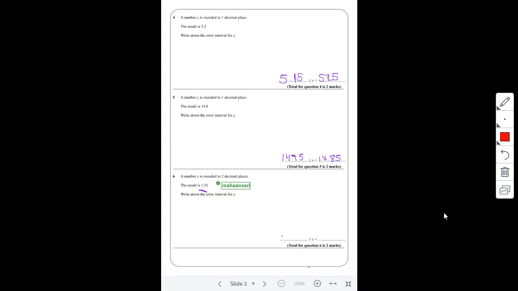I'd half it to get 1.5? So it will be 1.05. Yes, that's it.